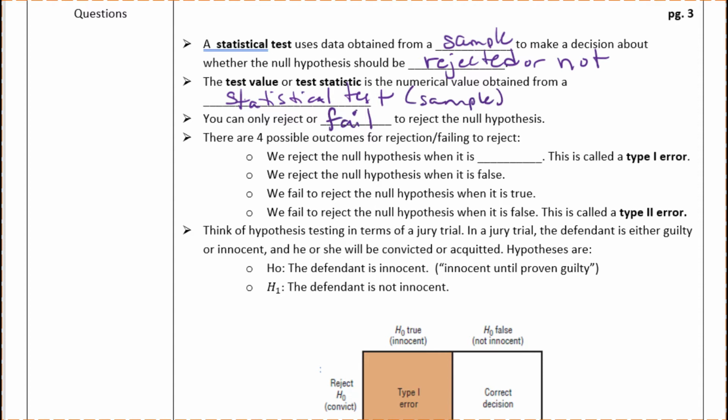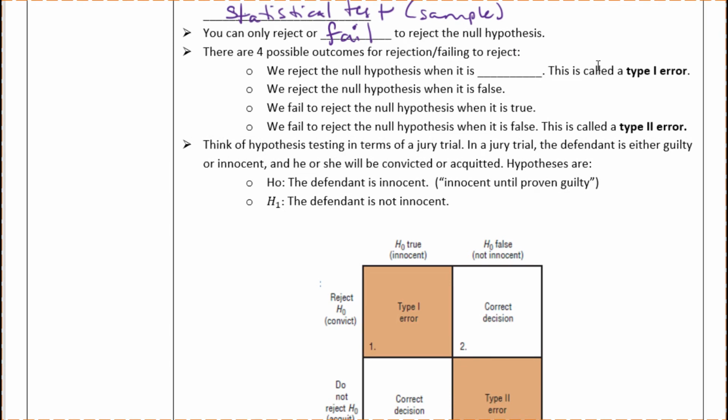There are 4 possible outcomes. We can reject the null hypothesis when it is actually true. We don't know whether it's actually true, but if it is and we rejected it, then this is a type 1 error. Let me be clear: the only way we know whether something is actually true is if we sample the entire population.